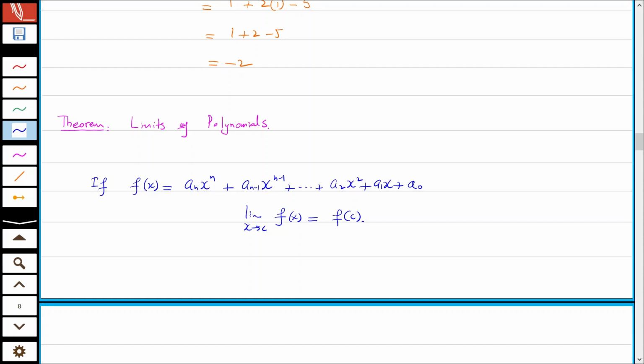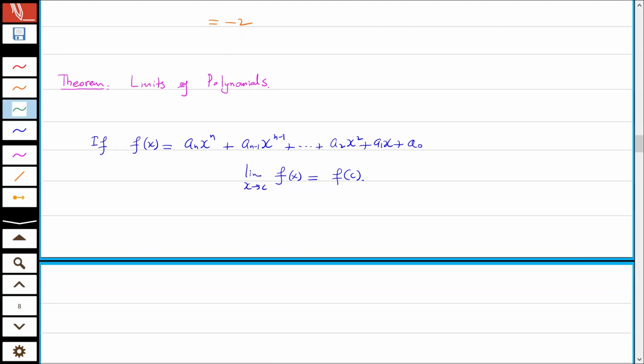Now that's really handy. For example, if I'm doing the limit x approaches 2 of x cubed plus 2x squared minus 3x minus 1, because this function in the bracket is a polynomial, this is simply 2 to the power 3, plus 2 times 2 squared, minus 3 times 2, minus 1.